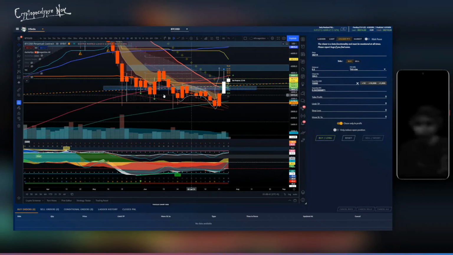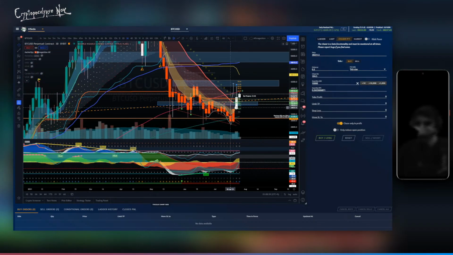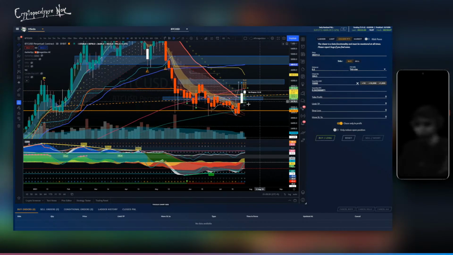Now, I don't think it was resistance, so why would it be support? But just because these indicators are telling me that there's a pullback potential to this level after the strength candle, I'll take the word for it from MarketSpy and just go along the way and trade it.